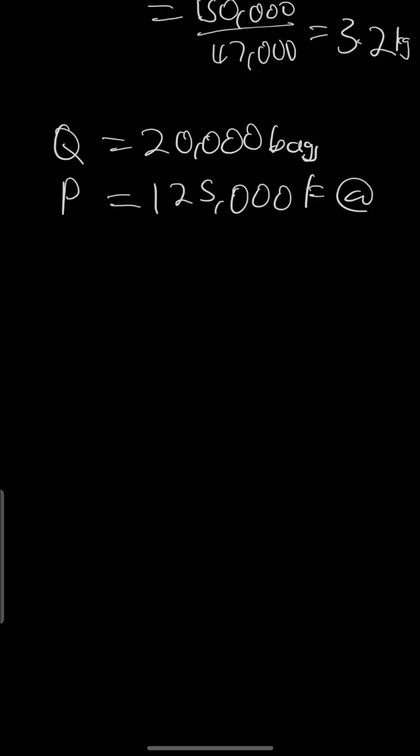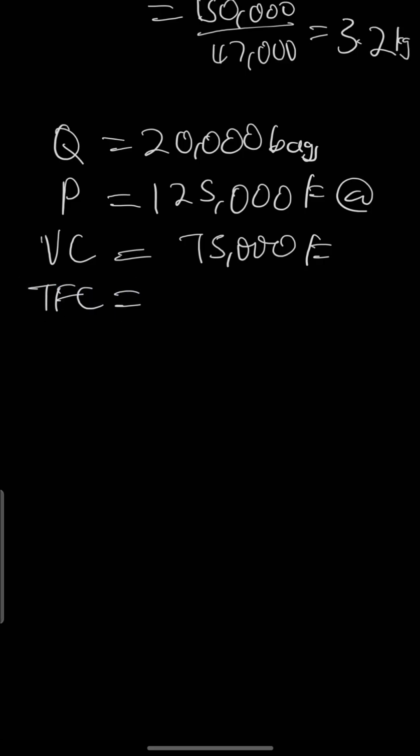The variable cost per bag, which is VC, is 75,000 shillings. If the company has overhead, which are fixed costs, total fixed costs, of 750 million.